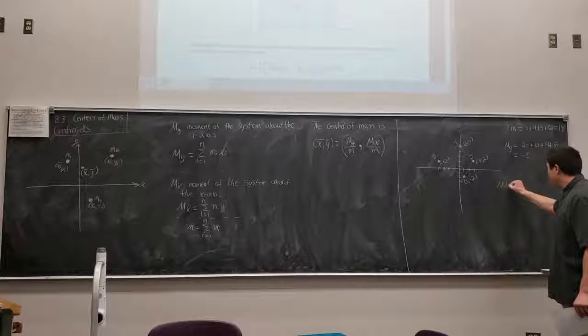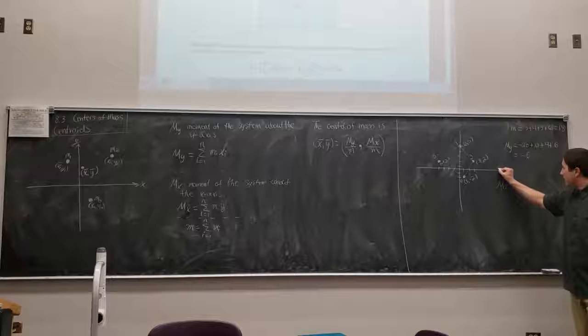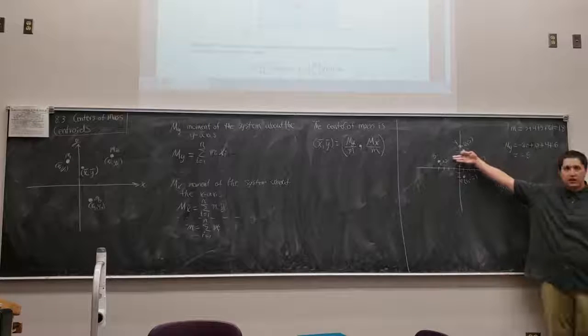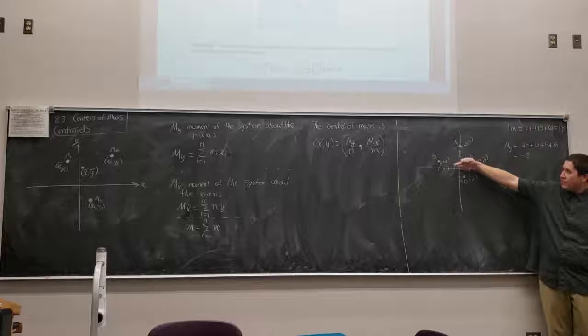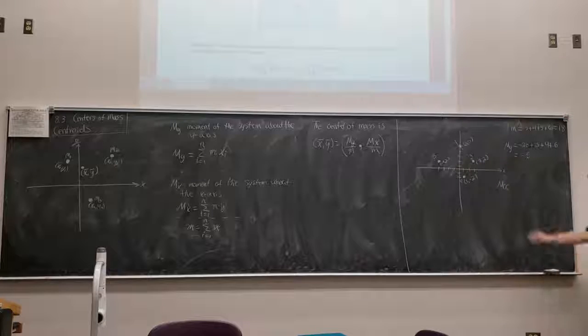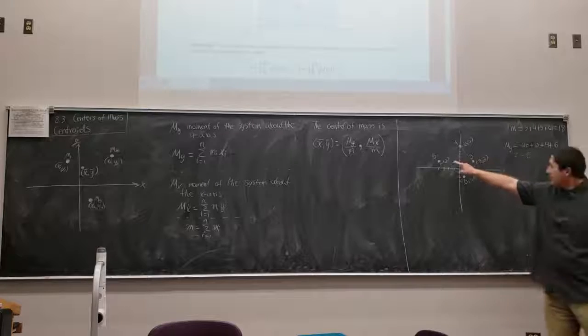Okay, let's do the other moment. And this is the new one, m sub x. We'll measure how likely this structure can rotate about the x-axis, whether it falls over this way or that way, for example. But now we're really doing the same thing where the focus is on second coordinates.